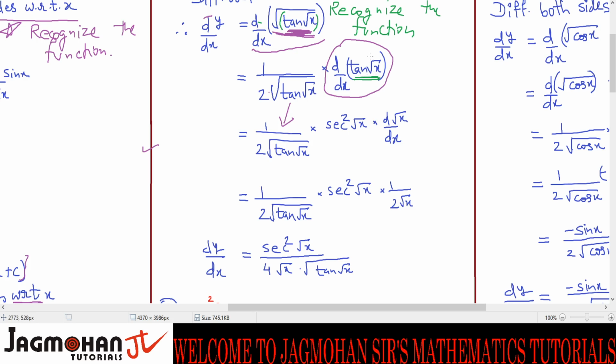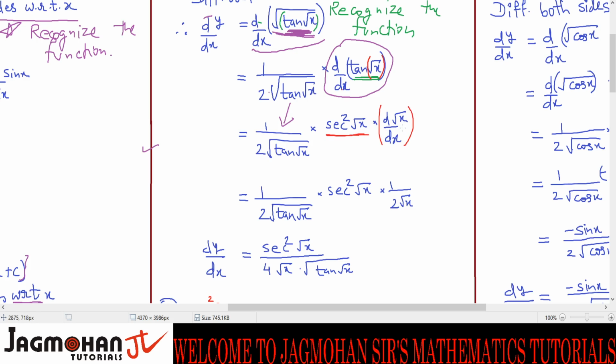It is tan of f of x. You can check, this is not x, it is root x. So it's in the form d by dx tan f of x. You know, d by dx of tan f of x is sec square f of x into d by dx of f of x. So this will become sec square root x into d by dx of root x.